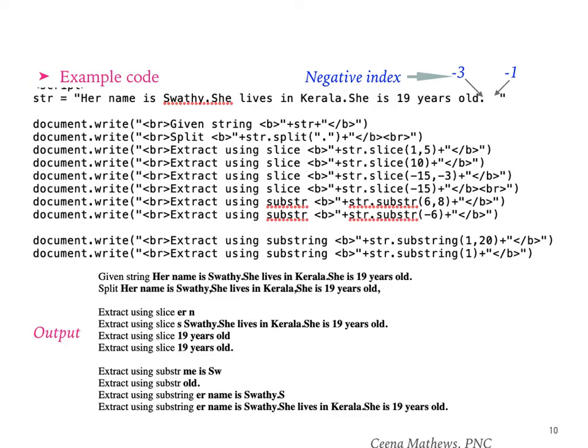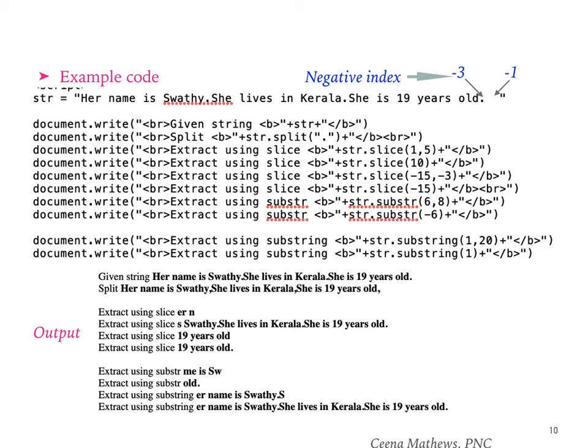In the first document.write, we display the given string, and the next one, split, is used. Split is based on the dot. Here we have a dot after "Her name is Swati." "She lives in Kerala" also has a dot, and at the end we have a dot.